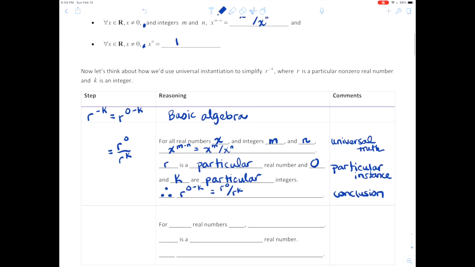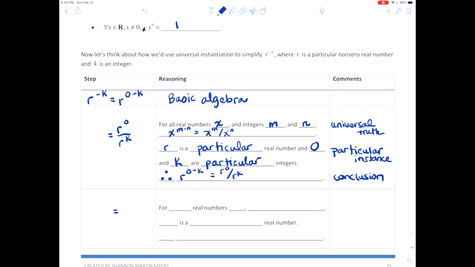Next piece, well, this is equal to 1 over r to the k. So what's our universal truth? Our universal truth: for all real numbers x, x to the 0 is equal to 1. So r is a particular real number. And remember we said that r was non-zero, so we won't get a 0 to the 0 situation.